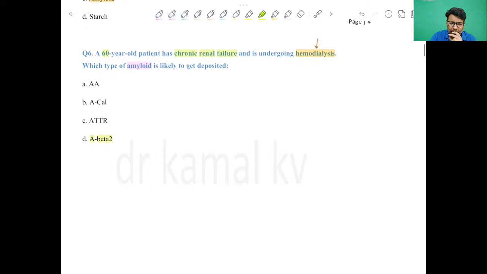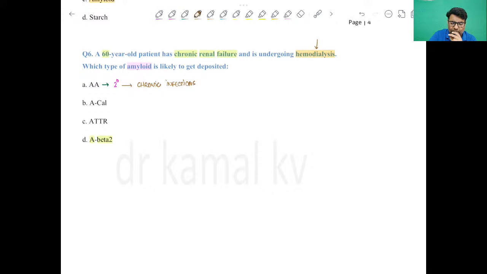Now here, double A, this is secondary amyloidosis, and this is especially seen in chronic infections.